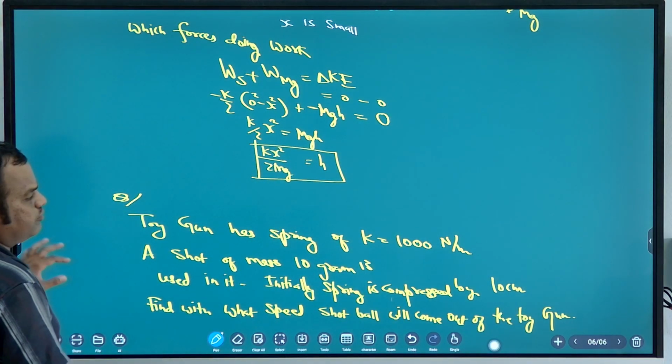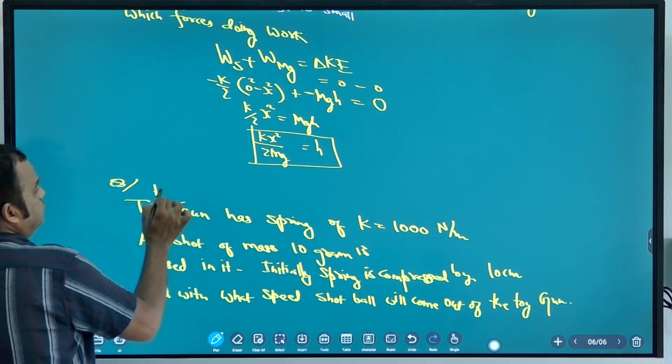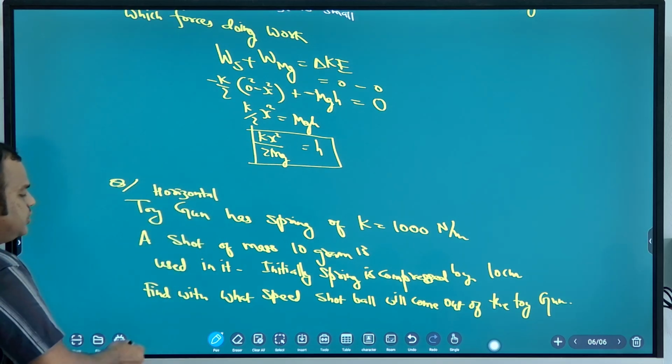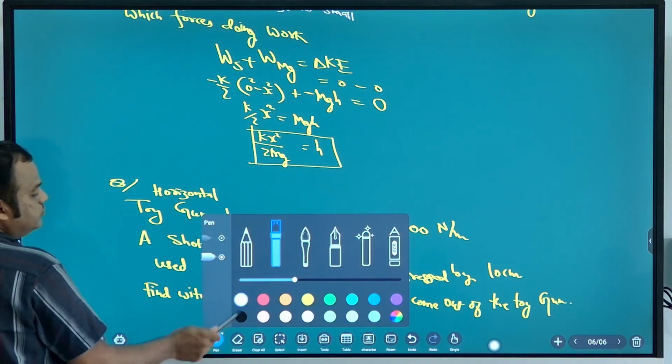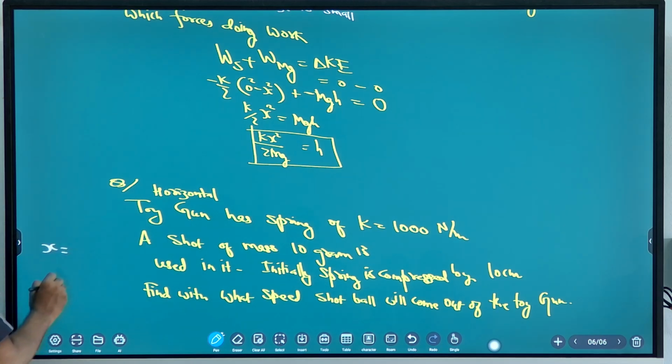You know the direct formula also now. It is held horizontal. It is a horizontal toy gun. You know the direct formula. Tell me, what is the direct formula? Okay, x you know. What is x?